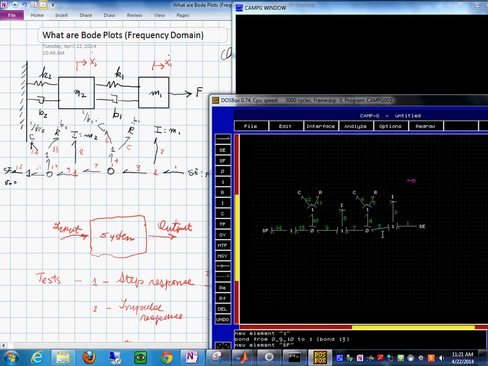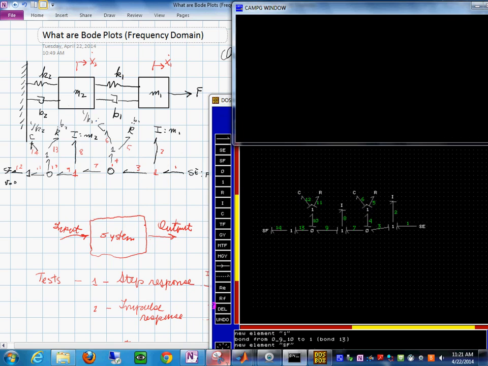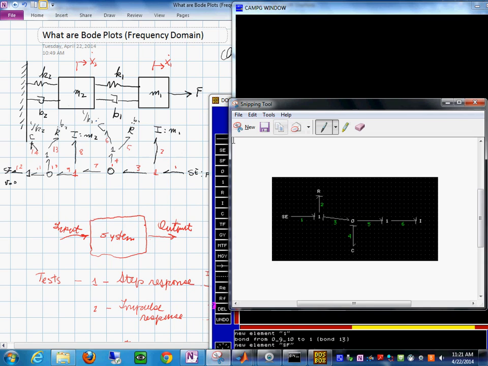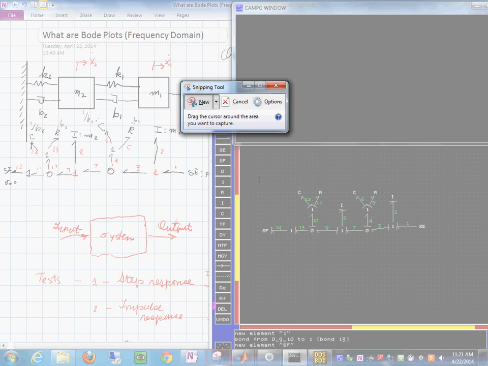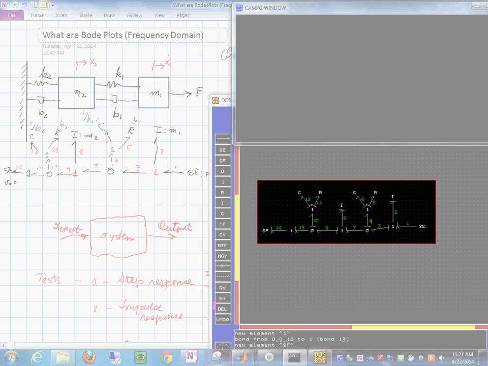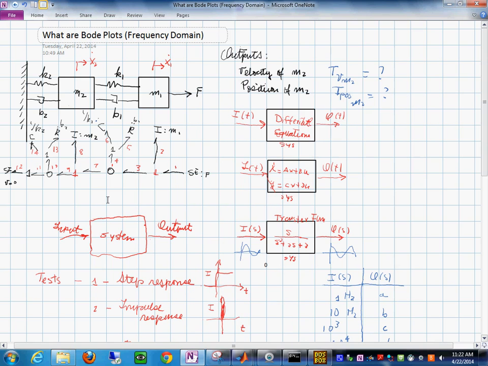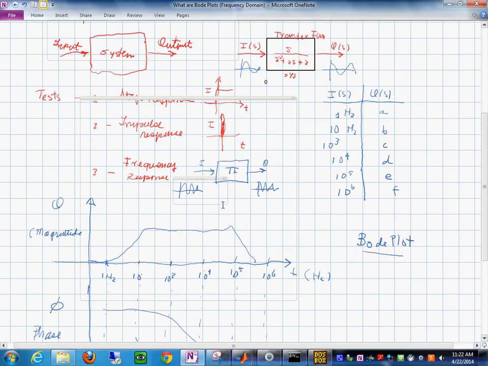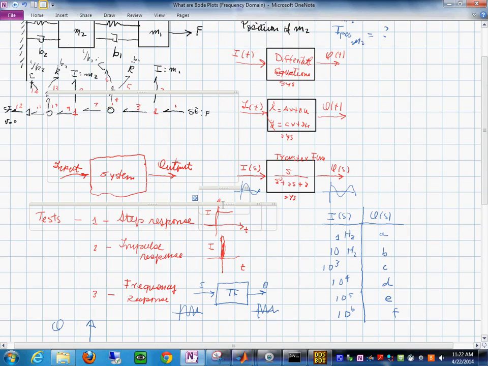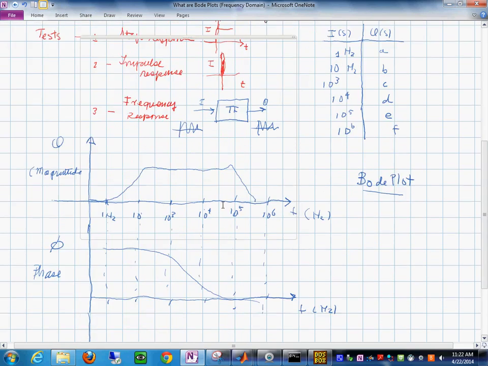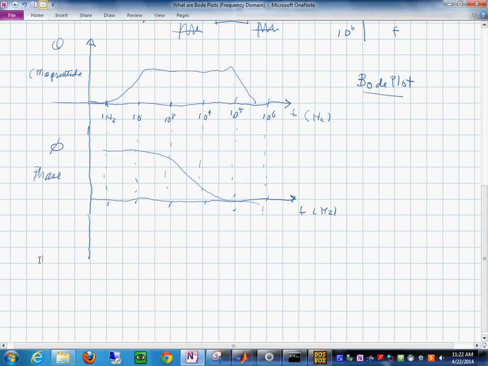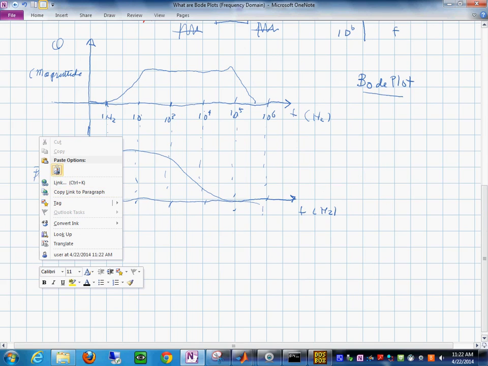Okay, so just to keep it in perspective, I'm going to make a copy of what I have on the screen and put it in my notes right here. Where do we put the bond graph model? I guess we could do it right here because we are continuing the discussion here.